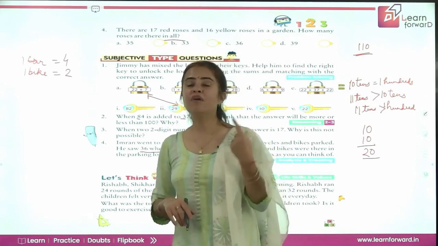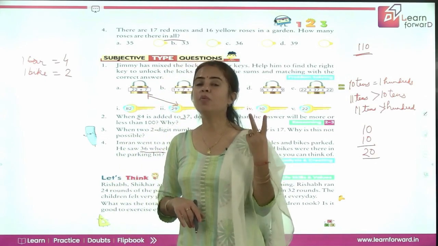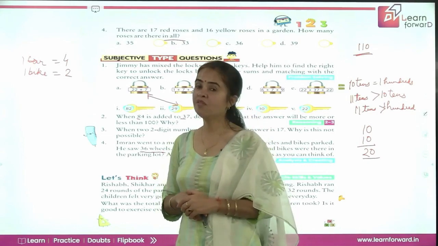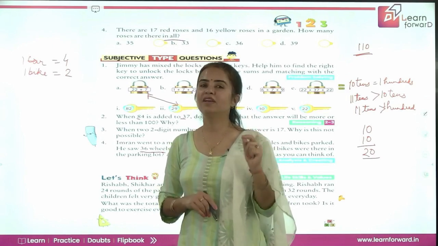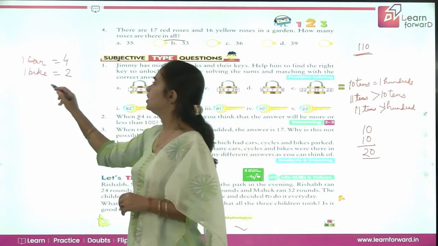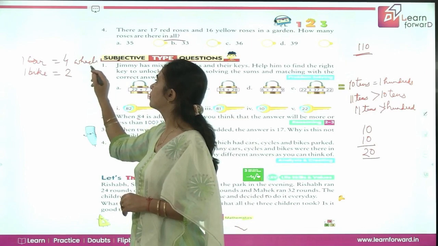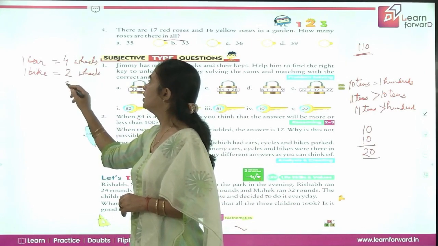So, if one bicycle has 2 wheels, how many bicycles will make 30 wheels? We have already learned about repeated subtraction. We have learned about division, isn't it? So, if you have 30 wheels, that means 2 wheels here and 30 more wheels.